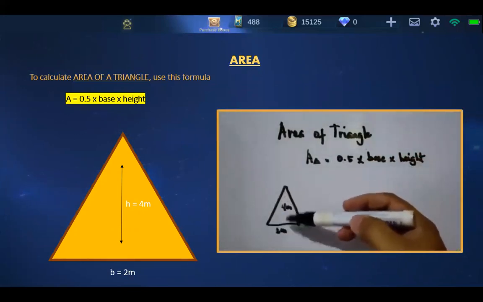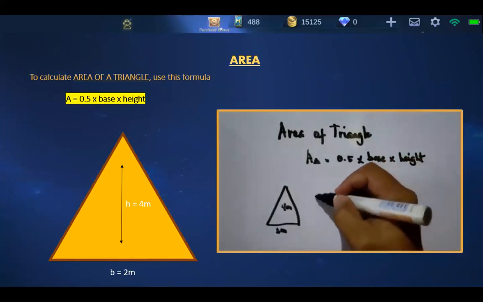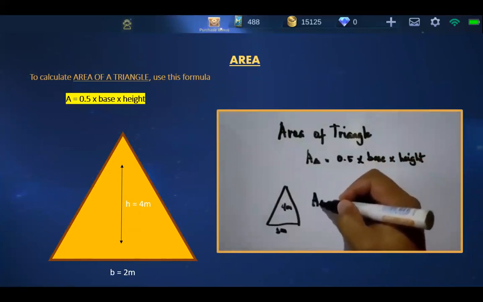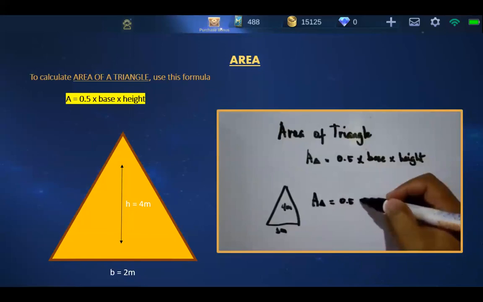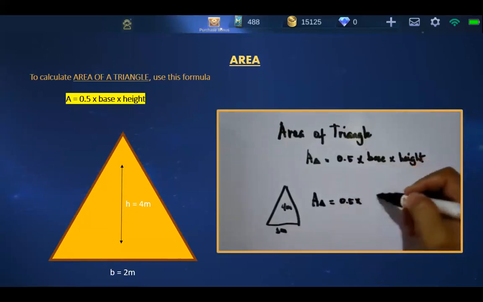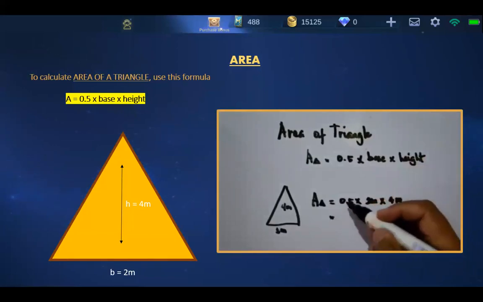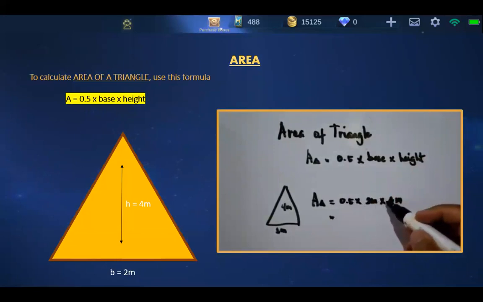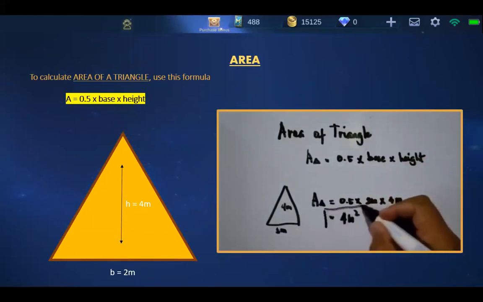The height is 4 meters and the base is 2 meters. So to compute that, follow the formula. Area of triangle is equivalent to 0.5 times our base, 2 meters, times height, which is 4 meters. So just multiply 0.5 times 2 meters times 4 meters. The answer is 4 meter squared. So this is our answer.